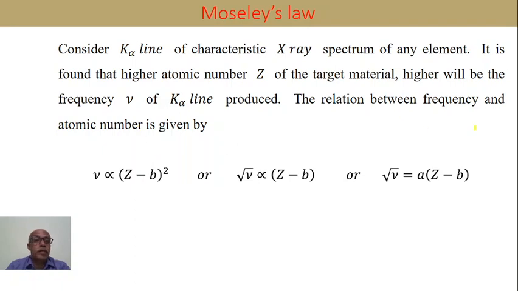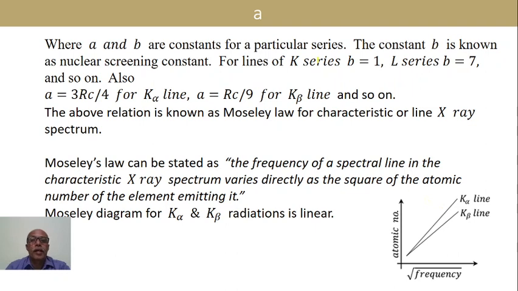And the relation between the frequency and atomic number is given by nu proportional to (Z minus B) whole square, or square root of nu proportional to Z minus B, or square root of nu equals A into (Z minus B), where A and B are constants for a particular series of spectral lines. The constant B is called the nuclear screening constant.